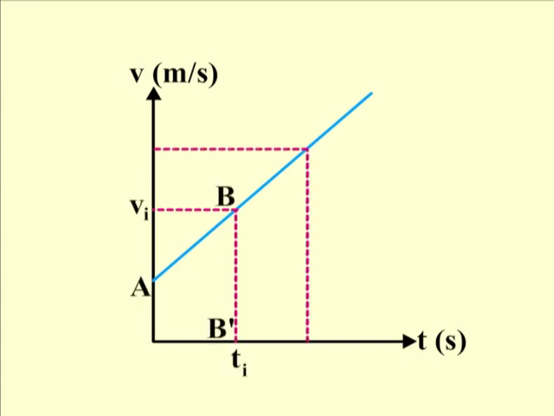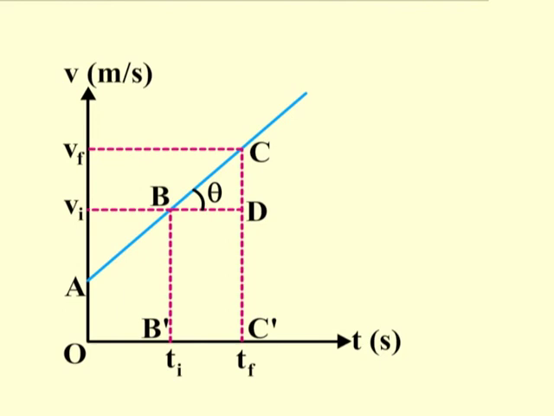In this velocity time graph, Vi is the initial velocity of the object at time ti and Vf is the final velocity at time tf, whereas the slope of the Vt graph between time ti and tf is equal to the acceleration a of the motion.